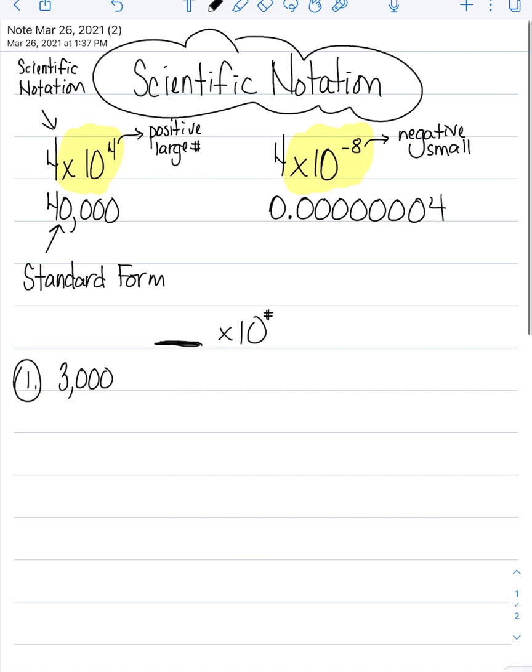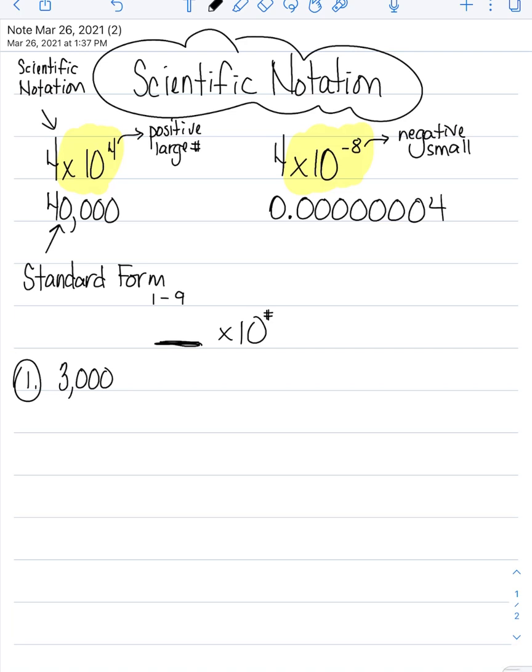The number here has to be 1 through 9. You can't have 12 times 10 to the fifth power. It would have to be 1.2 times 10. You can have a decimal with numbers after it, but you can only have 1 through 9 as your first number. So let me show you what I mean.